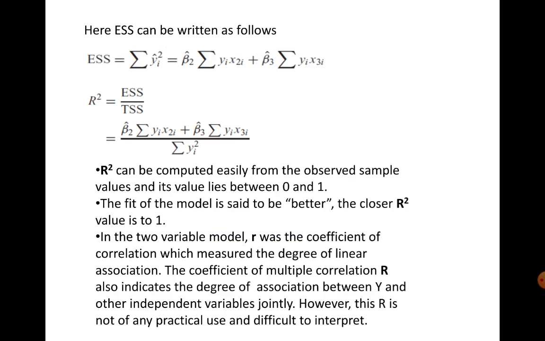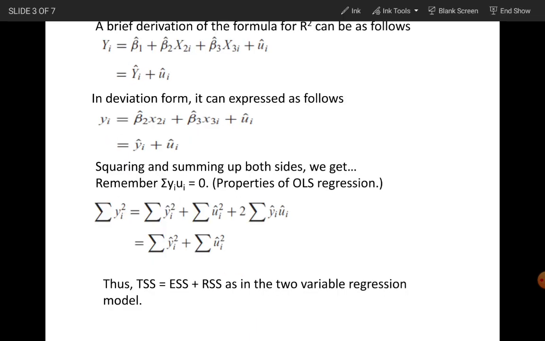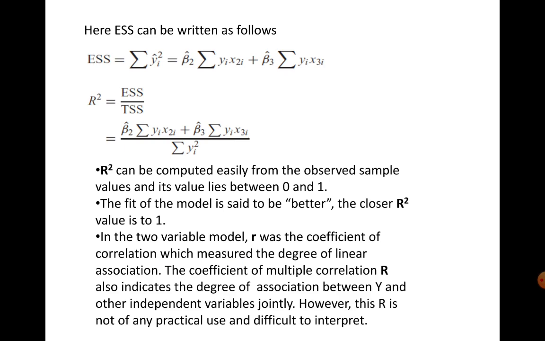So this is the formula for explained sum of squares, that is summation yi hat square will be beta 2 hat summation yi x2i plus beta 3 hat times summation yi x3i, and r square is ESS divided by TSS.